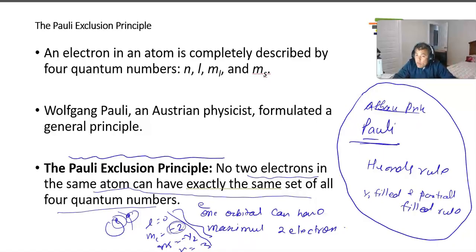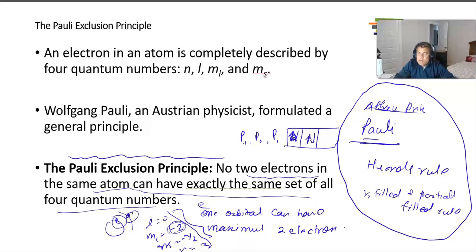Or in the easy way, one orbital can have maximum 2 electrons, no more than 2. For example, the p-1, p0, p1 orbitals, right? These orbitals, 1, 2, 3. This has maximum 2. One is spin up, one is spin down. This can have maximum 2.